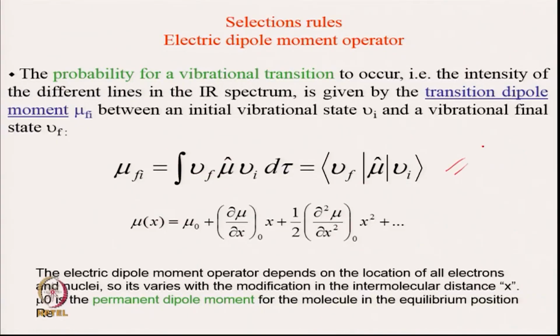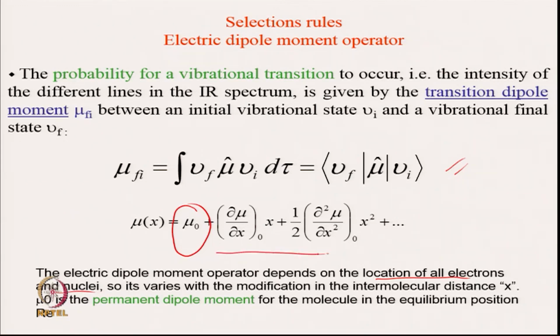Now, here the transition dipole moment is a function of x. So, it depends on the location of all electrons and nuclei. When it is at the equilibrium position, then mu is given by mu naught, which is basically the permanent dipole moment.